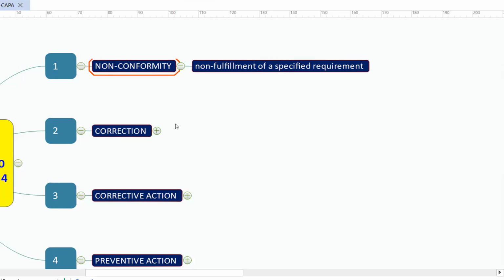Now, what does correction mean? Suppose in any operations, meaning activities, there comes a non-conformity that is not fulfilling the specified need. Would you like to correct that non-conformity first? So, eliminating the non-conformity is called the correction.